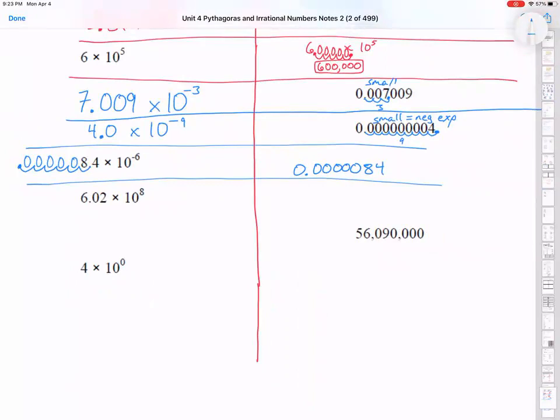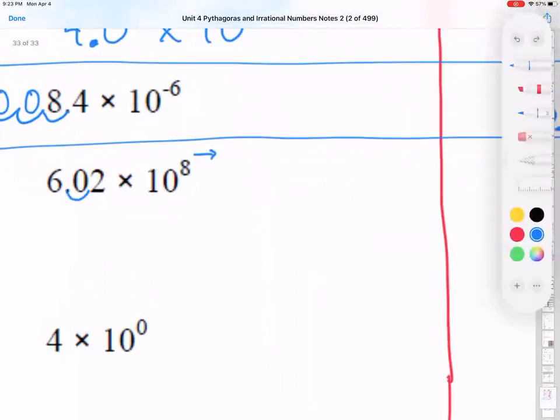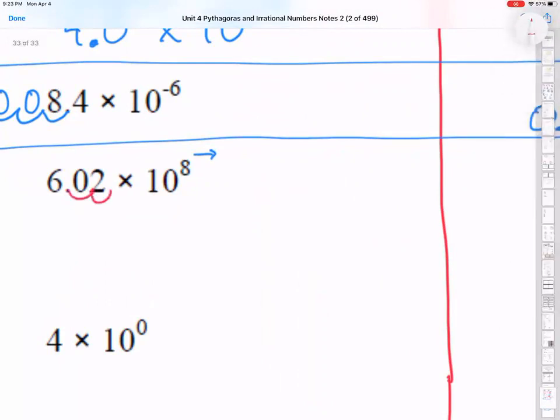For 6.02 times 10 to the 8th, it's a positive 8 for this exponent. So this is now where we move it to the right. It's going to create a really, really big number, because it's a positive exponent. So again, 1. We'll do red. Keep it consistent. 1, 2, 3, 4, 5, 6, 7, 8.